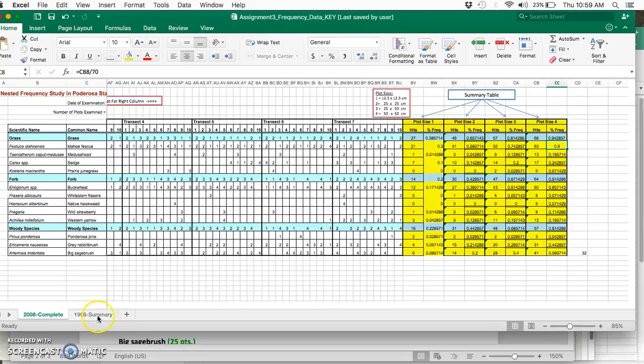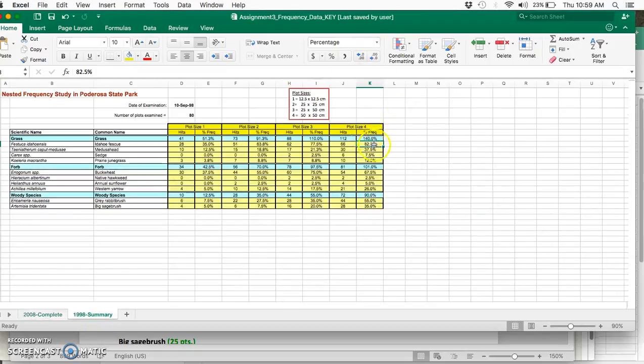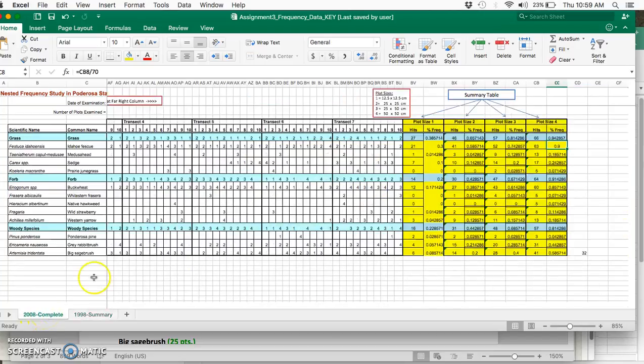I just realized that the data that you guys were given was not calculated properly from 1998, which in turn explains why people did not get the correct values.